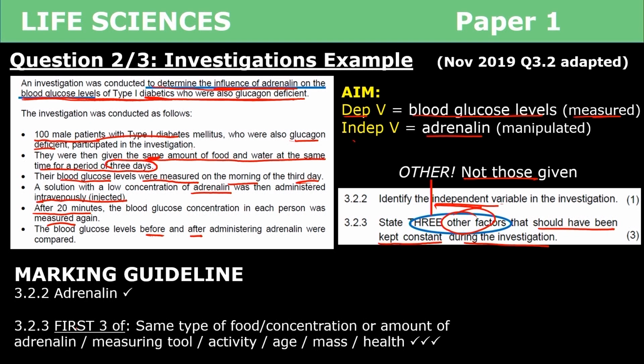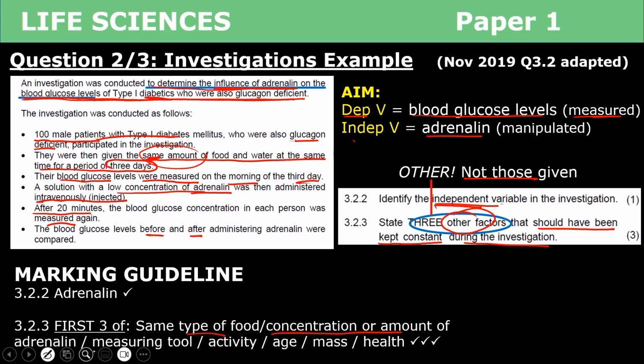So the first three could be the same type of food. We were only told here that they were given the same amount, but not type. The concentration or amount of adrenaline: we were told that a solution with low concentration of adrenaline was administered, but we are not told how much of it.